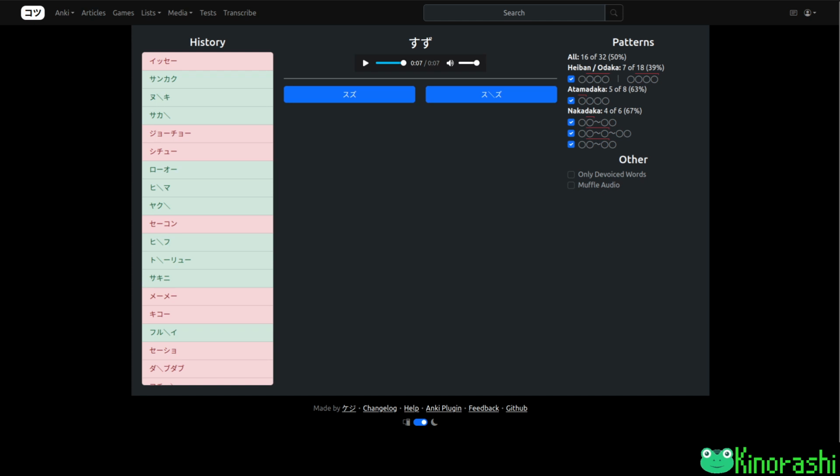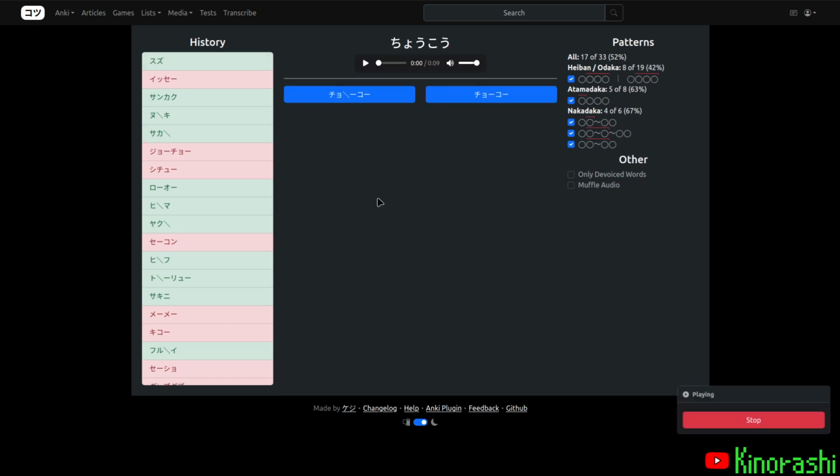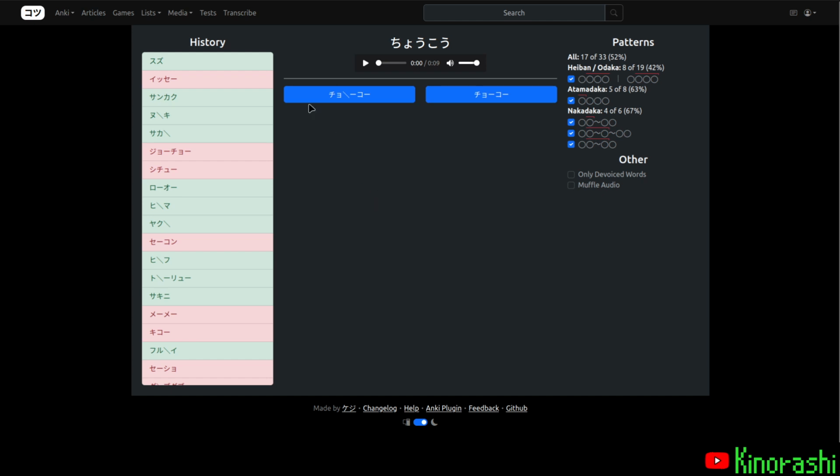Suzu. It sounds like heiban. Choco. It's either atamadaka or it's heiban.